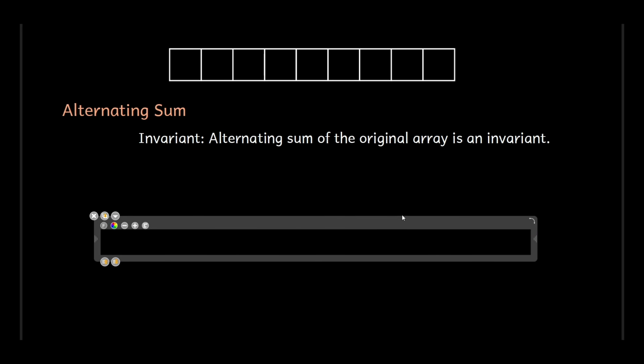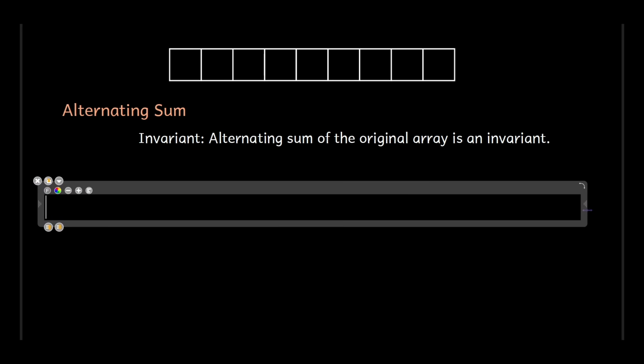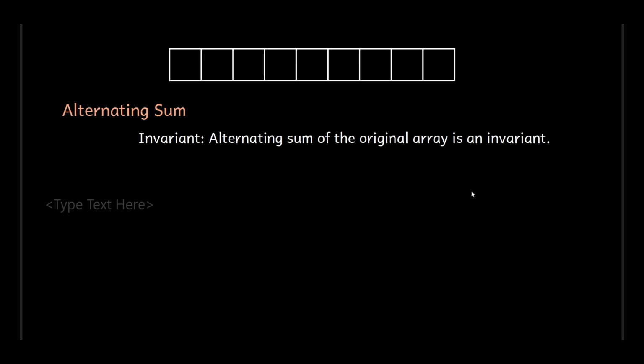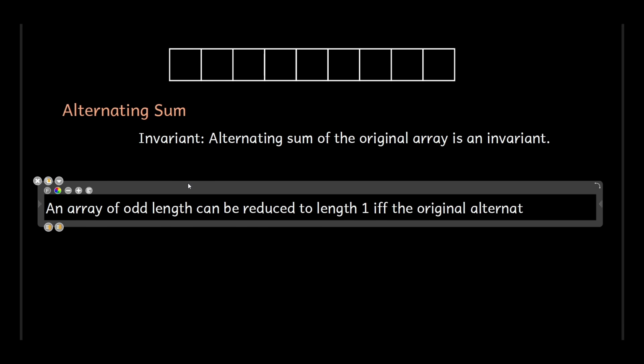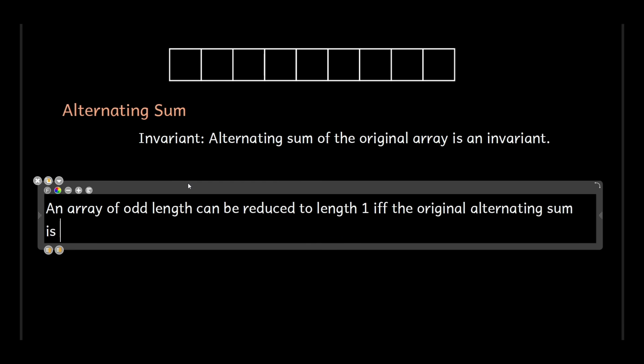So right now we have concluded that we already said that the alternating sum of the original array is an invariant, it does not change. So an array of odd length can be reduced to length 1 if and only if the original alternating sum is strictly greater than 0.